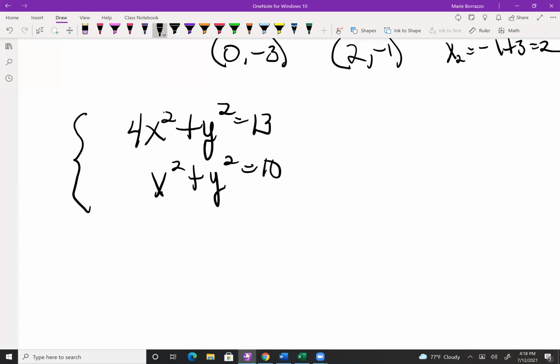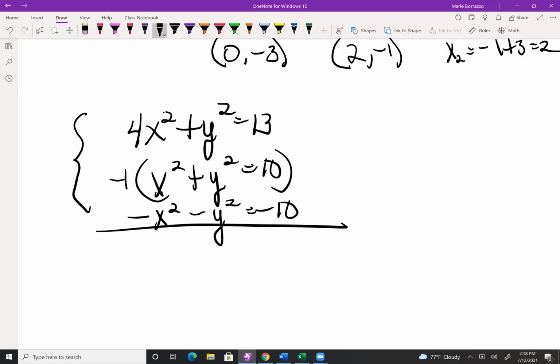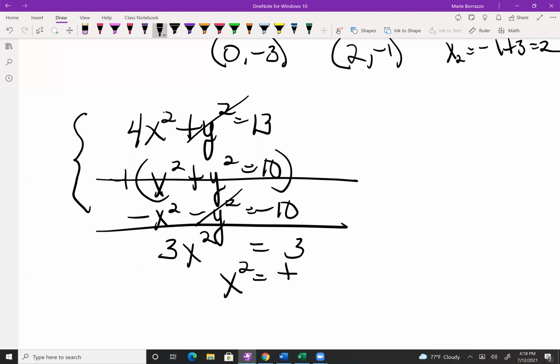Because they are similar, we could just multiply the bottom by -1, which would make this negative x squared minus y squared equal to -10. And as you can see, the y's cancel. This is going to leave you with 3x squared is equal to 3. And in this case, x is equal to plus or minus 1.